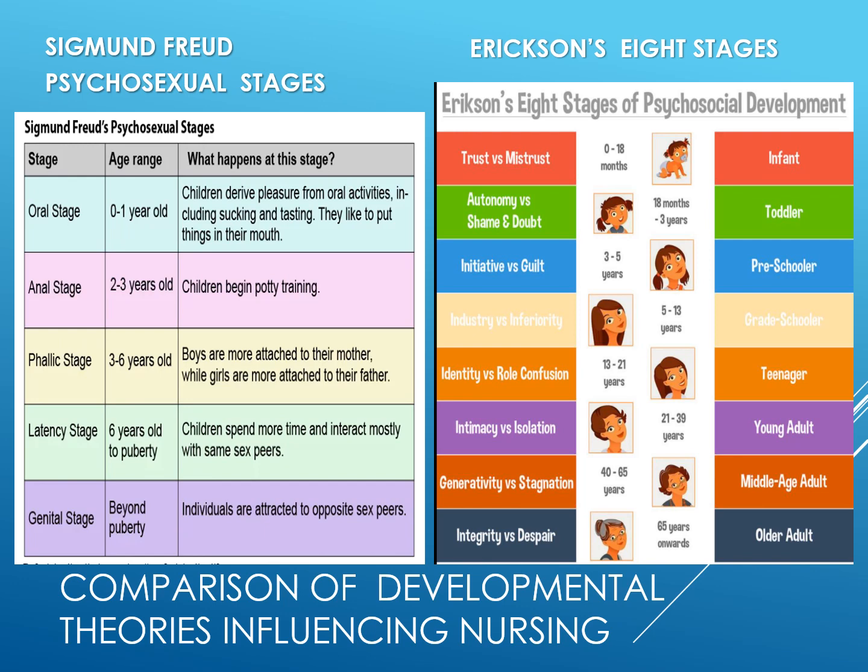Generativity versus stagnation, and that's middle age adult between the age of 40 and 65. And the later years, which is integrity versus despair, and that's the older adult, and that's age 65 onward or till death.